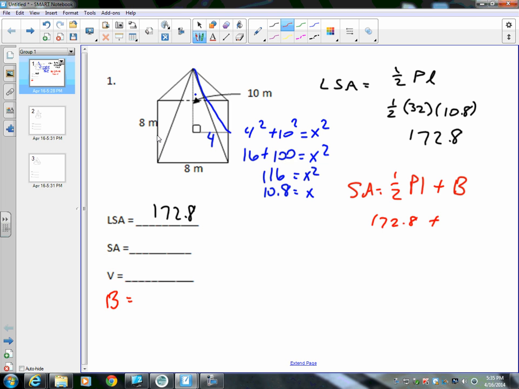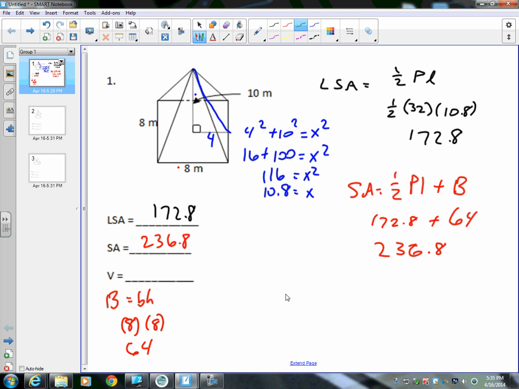It's a square, which is also a rectangle, so base times height, which is 8 times 8. 8 times 8 is 64, so big B is 64. Add these two together, we end up getting 236.8, and that is total surface area.